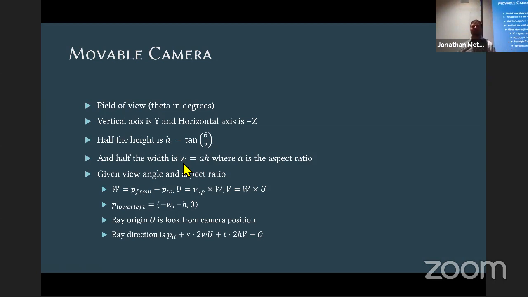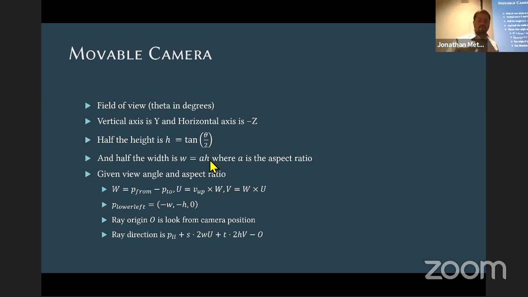So we calculate aspect ratio as width over height, and then we can multiply aspect ratio times height, and that has the effect of giving us what the field of view should be for the horizontal axis. So if you have a square image, this won't make a difference, but we typically avoid square images because debugging this is very difficult. So given a view angle and an aspect ratio, we want to calculate 3 vectors.